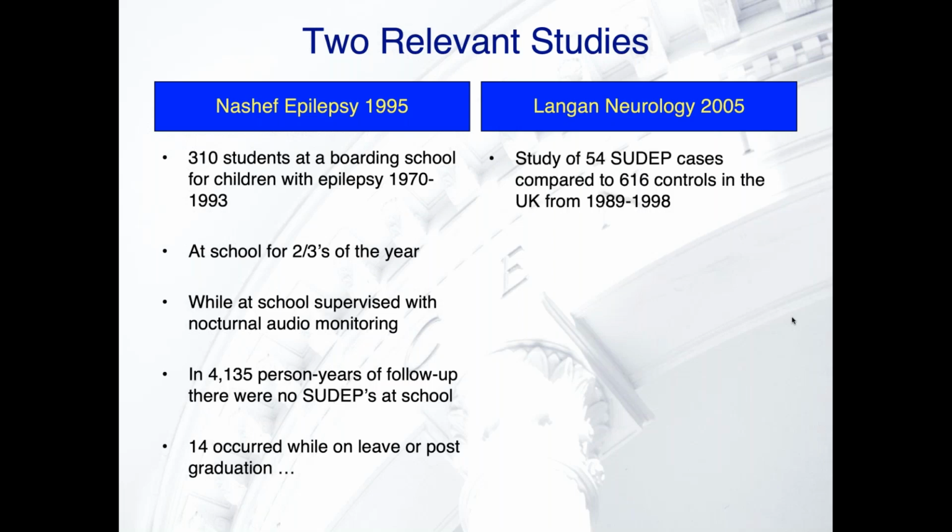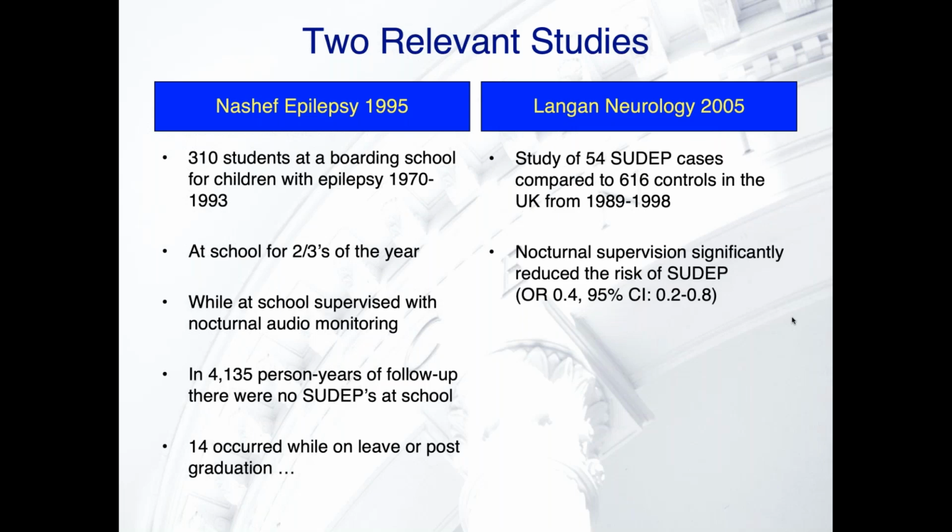Another interesting study was done in the United Kingdom, and they looked at 54 cases of SUDEP, and they compared those cases to about 600 controls during the 90s. And what they found is that if there was someone keeping an eye on the patient at night, the risk for SUDEP was markedly lower. For people with a statistics background, I put in that data.